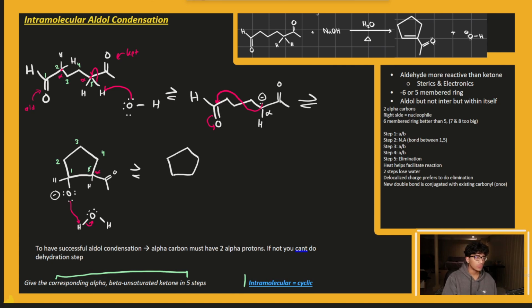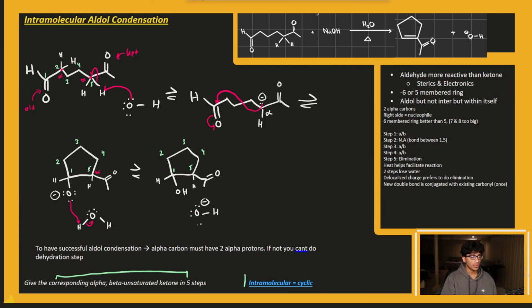I'm going to draw it again: 1, 2, 3, 4, 5, and now we have this H here, and then we have oxygen with the H. So now I think it's our last step. Now OH is going to come in, and he's going to take that alpha proton.